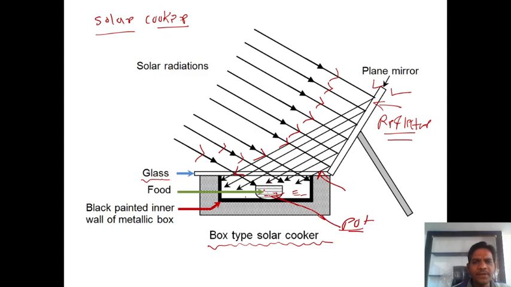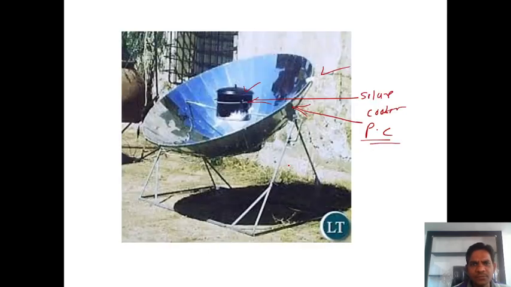Okay, so different delicious food we can prepare inside the solar cooker, like dal, then rice. Okay, then boil the eggs, boil the potatoes. So such various delicious foods are prepared inside the box type solar cooker.